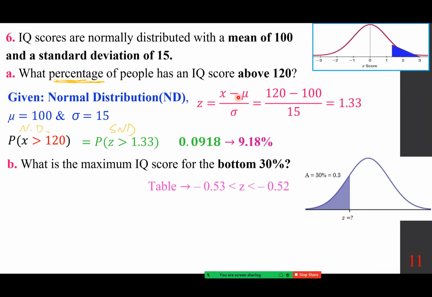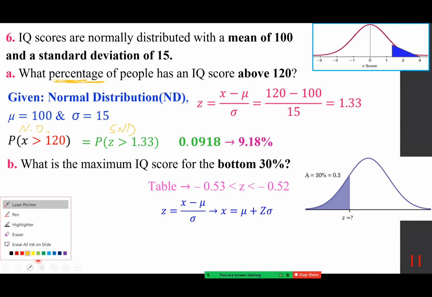Z is X minus mu over sigma, therefore, X is mu plus Z sigma. I hope everybody can see that. It's a simple cross product. I quickly show you. You can multiply these two, 1 times X minus mu. I'm going to write it here, then I'm going to erase it.